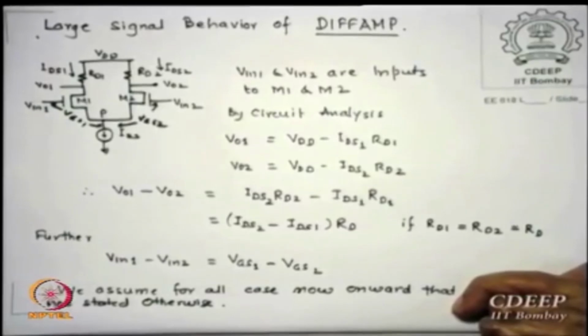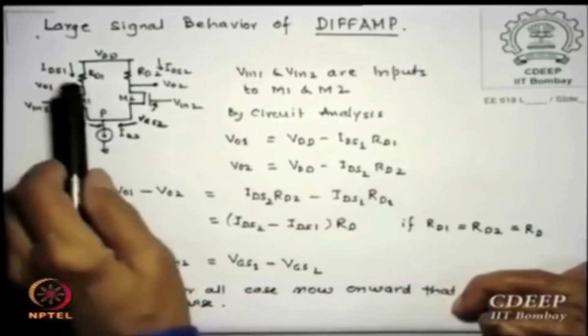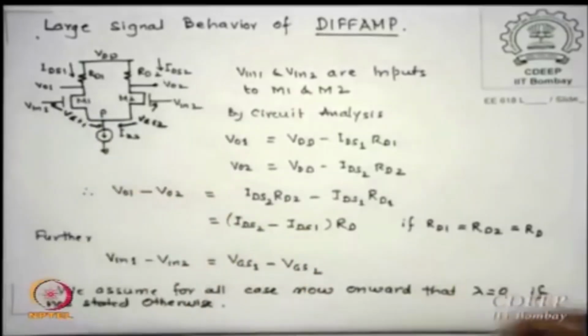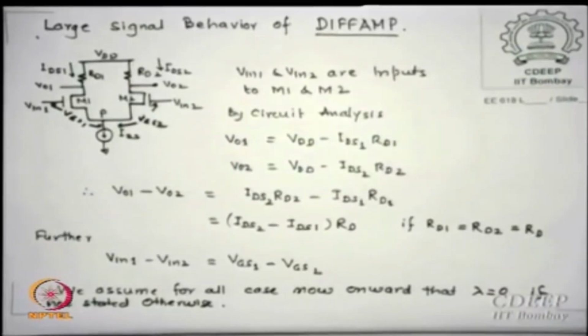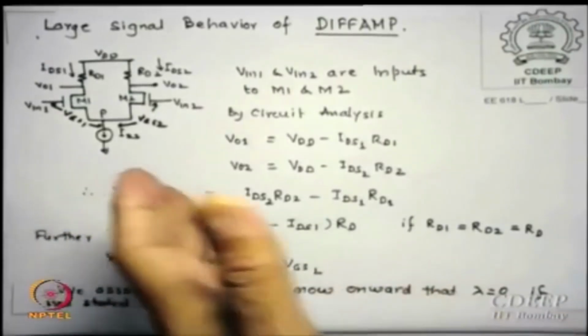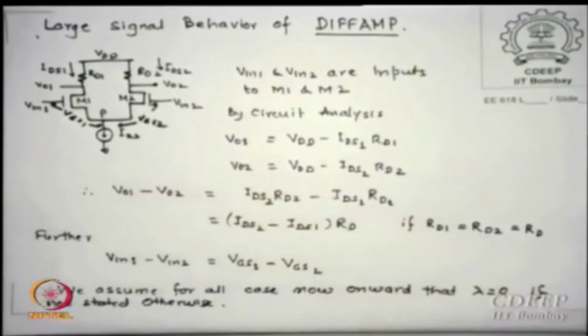And if that occurs, we can say each current is half, because IDS1 must be equal to IDS2, and their sum equal to ISS means each arm must carry half. So if the inputs are the same, or the difference of input is 0, then each arm will get 50% of ISS. That is what we want to prove, which is anyway visible from here, but mathematically I will show you, and it finally comes after a huge equation solving.